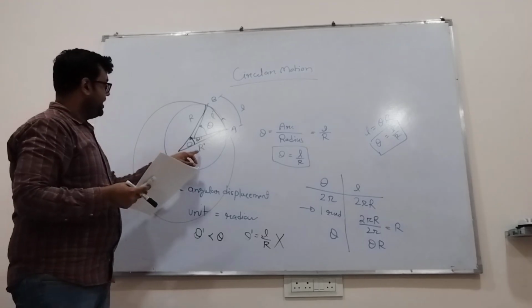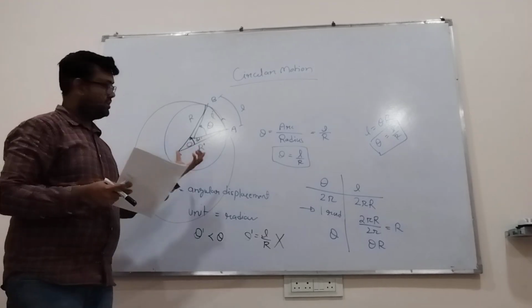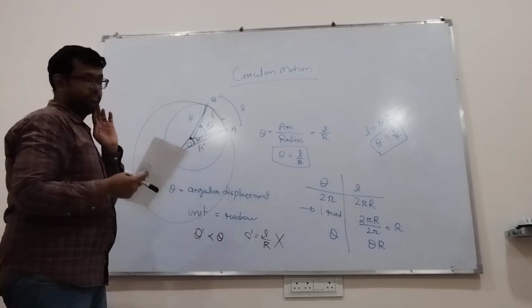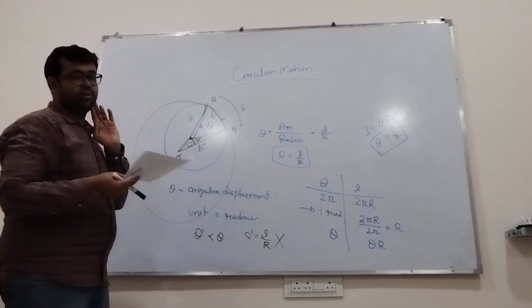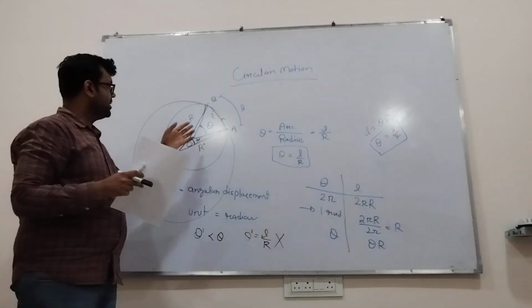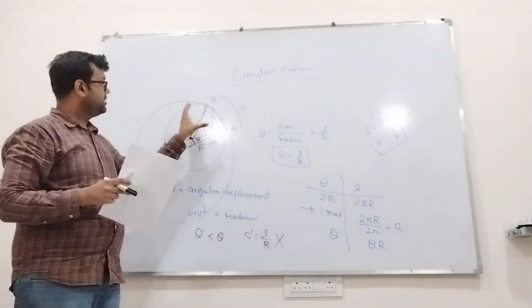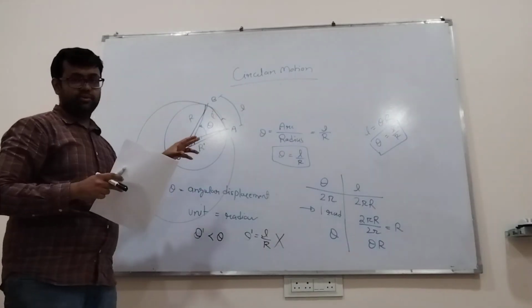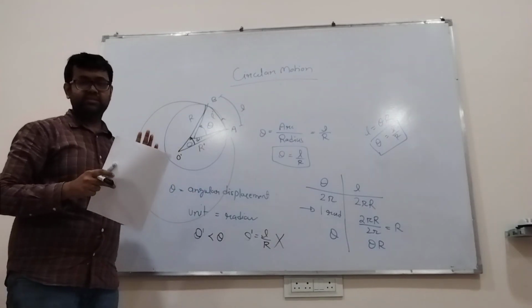See, if the angle is given and this radius is given, you can find out the chord length, right? Simple, using a trigonometry term. That chord length will be the same for both. For this circle also, the chord length AB will be the same.